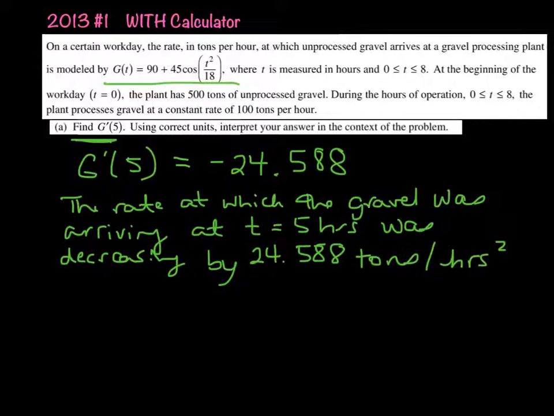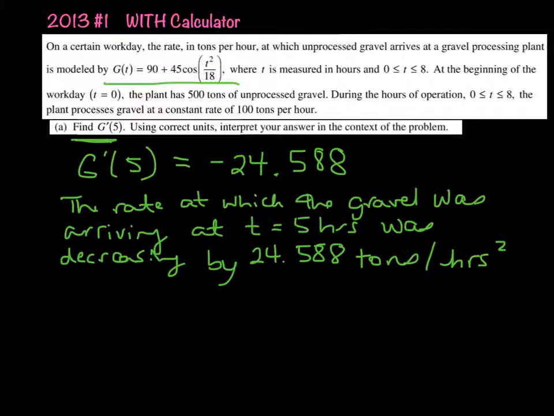So the rate at which the gravel was arriving at t equals 5 hours, so I gave the time, was decreasing by 24.588 tons per hour squared. Okay, so I'm interpreting the derivative of a rate by talking about whether the rate is increasing or decreasing at that time.